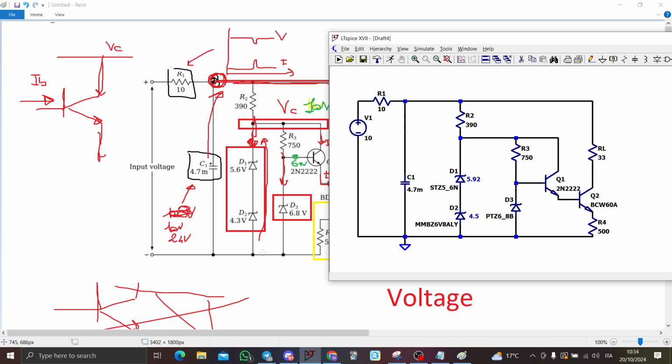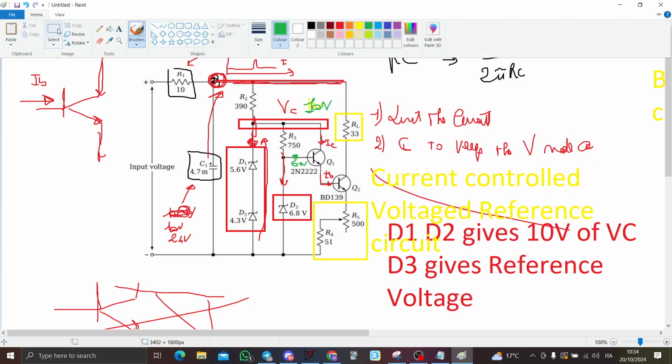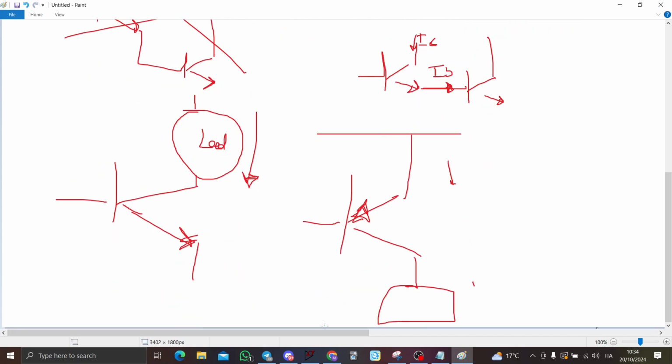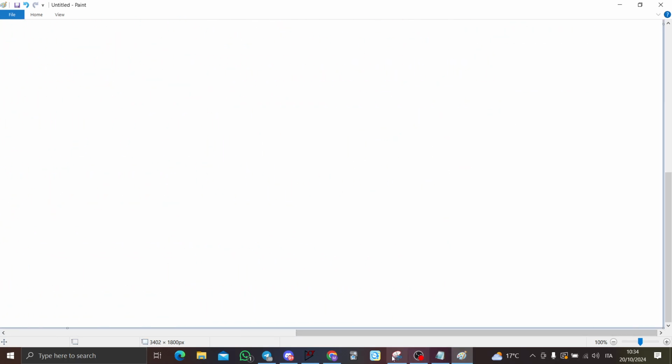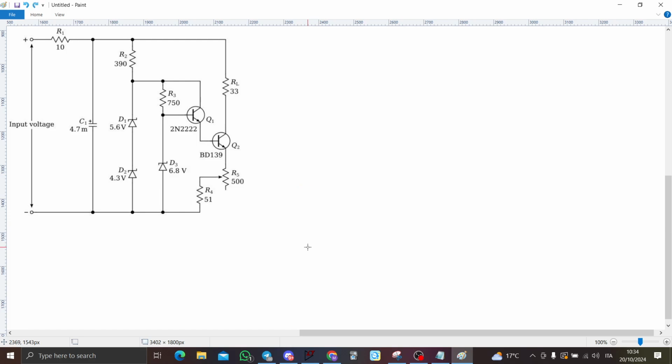Another question that they can ask you, for instance, is what happens if I put the diode like this, in the other direction, rotated like this.